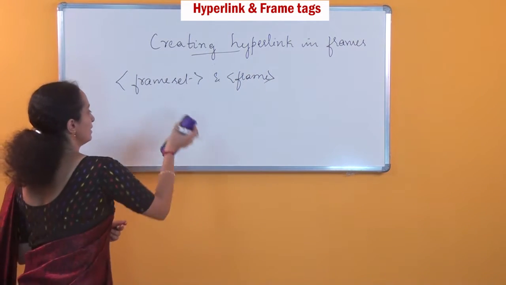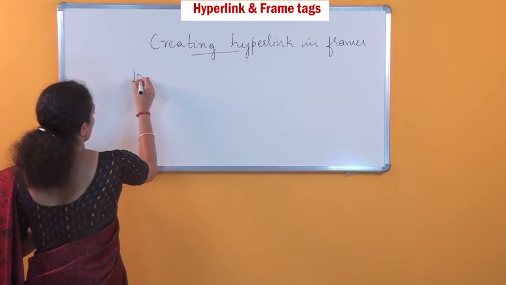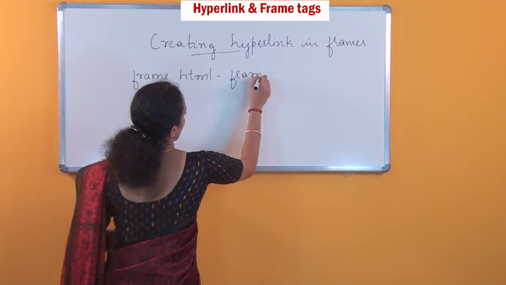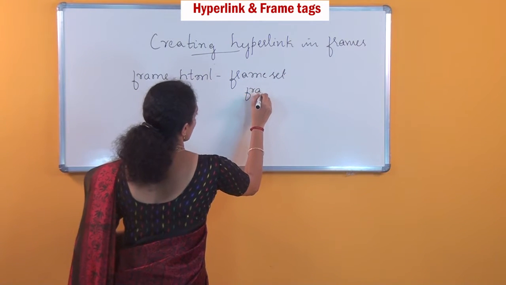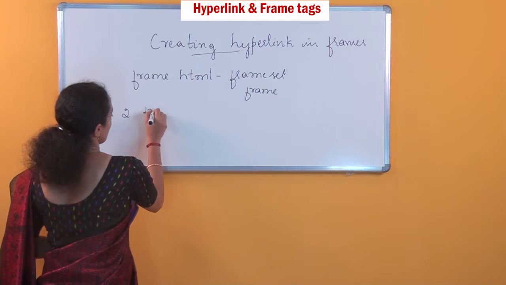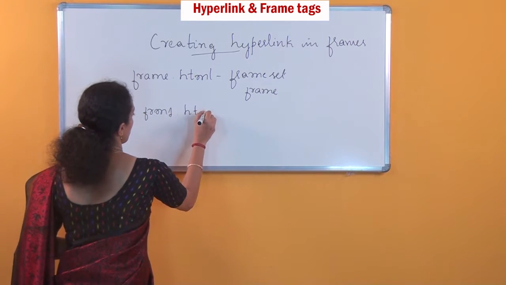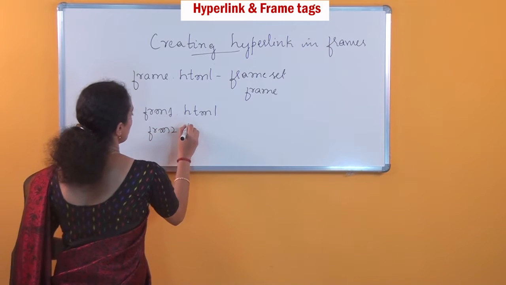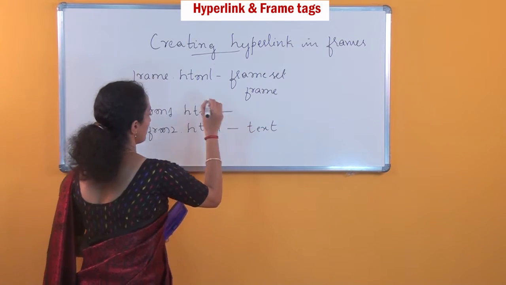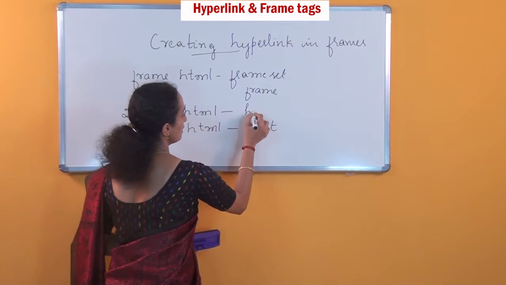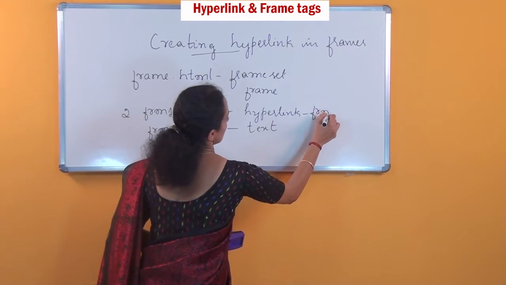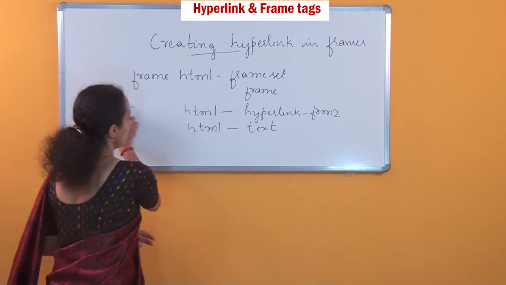For this we need files: frame.html, which contains the frameset and the frame tag, and two normal HTML files, that is frame1.html and frame2.html. frame2.html contains the text, whereas frame1.html contains the hyperlink for frame 2. Okay, so we shall know how to create that.